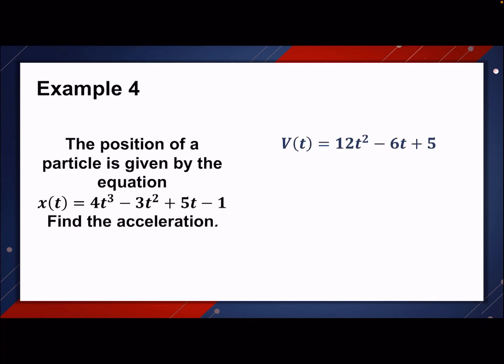We take the derivative of the position and find that the velocity is 12t squared minus 6t plus 5, and we take the derivative of v(t), and then we get a(t) is equal to 24t minus 6.